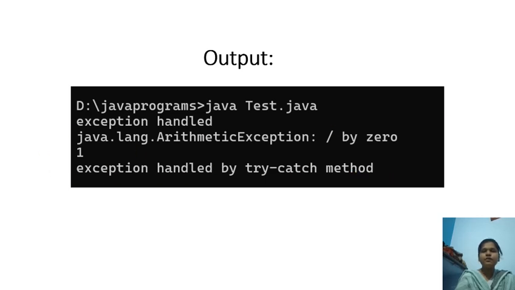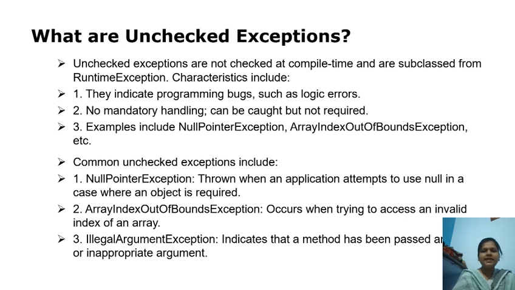Now go to the unchecked exceptions. Unchecked exceptions are not checked at compile time and are subclasses of RuntimeException. Some key characteristics: checked exceptions are checked at compile time, but unchecked exceptions are not.